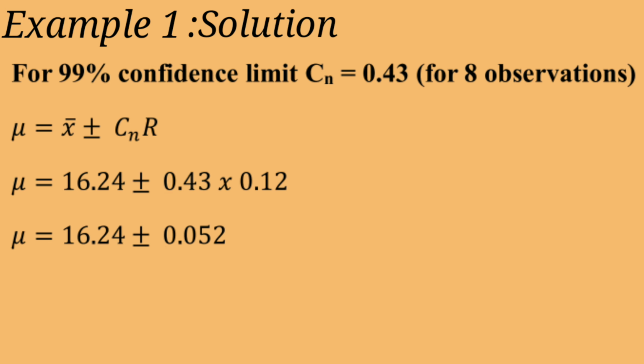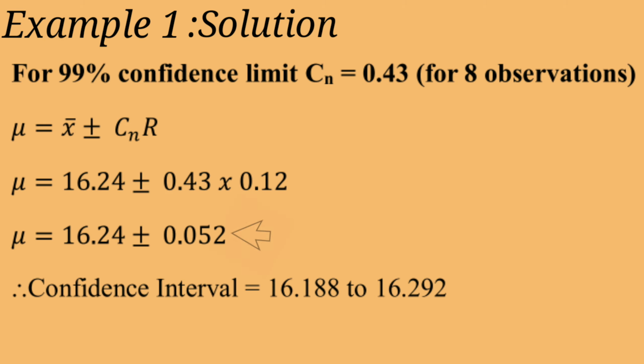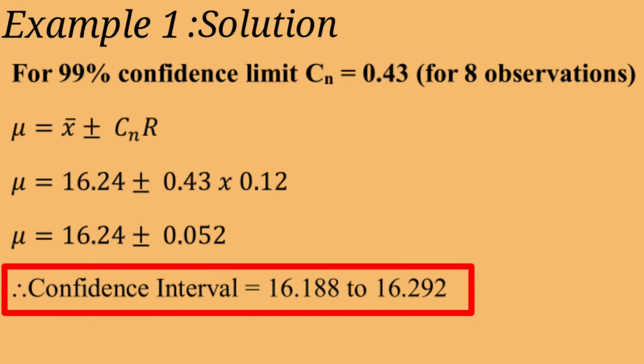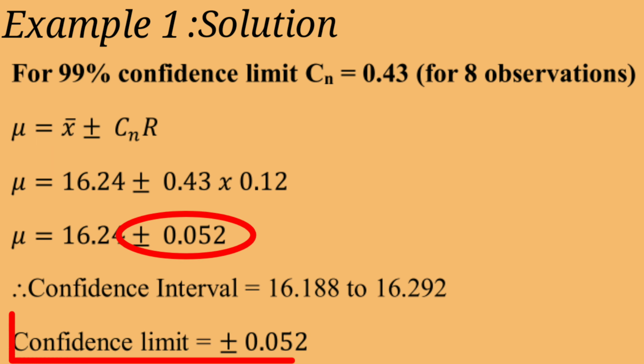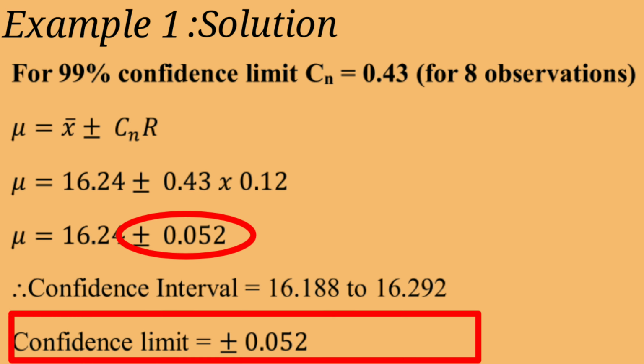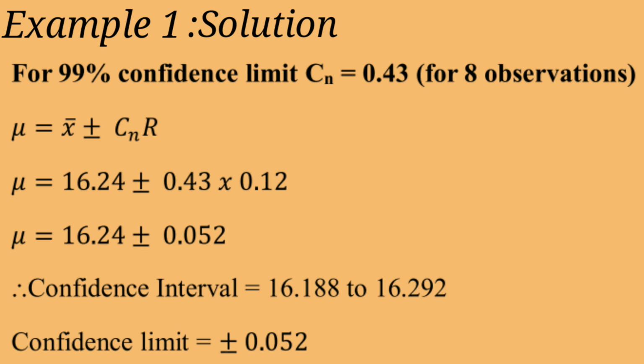Further, on subtracting and adding the value of 0.052 to 16.24, we get 16.188 to 16.292. Therefore, the confidence interval is 16.188 to 16.292 and confidence limit is plus or minus 0.052.